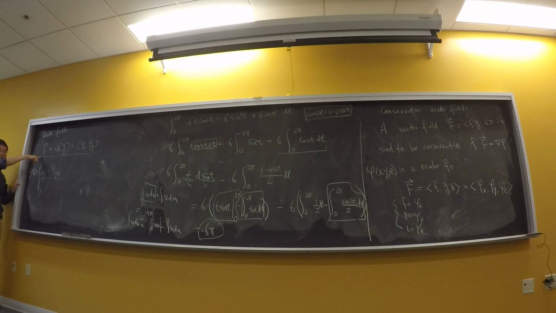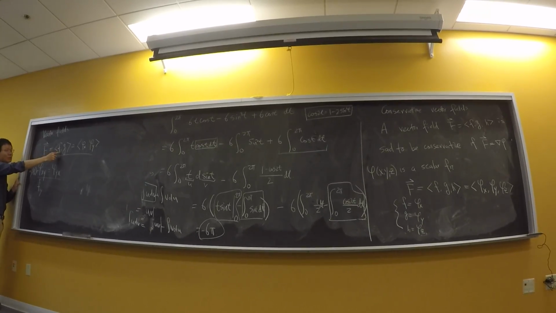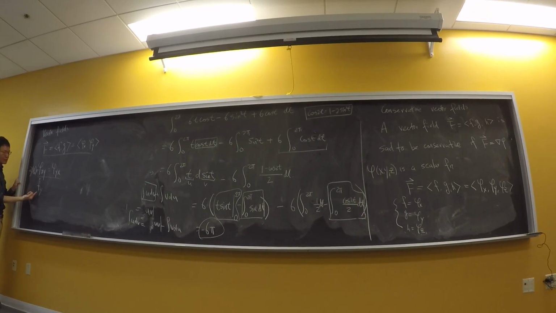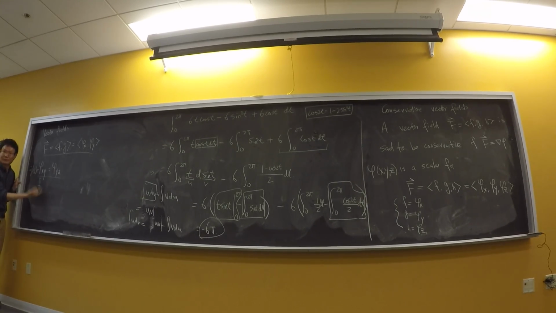Because this is a conservative vector field, phi x is equal to the x component, which is a small f. That's why it is essentially equal to f y. Similarly, this one is equal to partial x acting on phi y, so this is equal to g x. So if a vector field is conservative, according to this law, I have to make sure these two are equal. So this is a necessary condition for a vector field to be conservative.